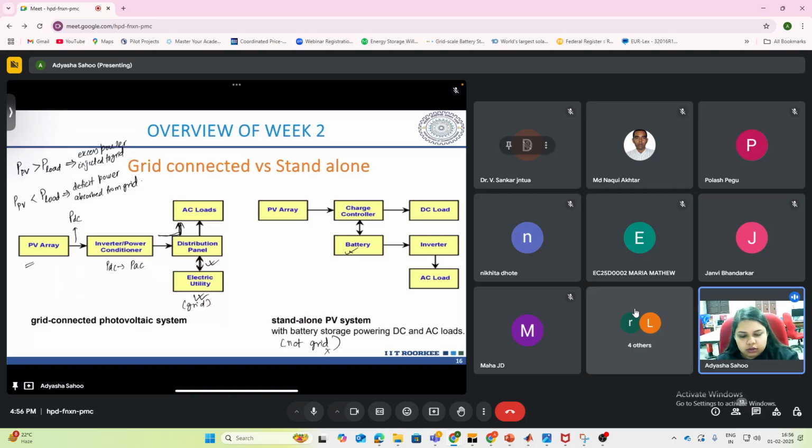So you have the PV array, and this charge controller, we'll see what its functions are. It will be coordinated with the battery, and it will control whether the battery will get charged or discharged. And then if you have a DC load, then directly you can supply the DC load, or if you have an AC load, then through the inverter you can supply the AC load.